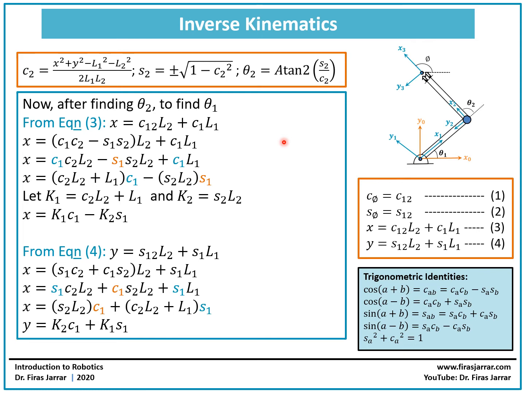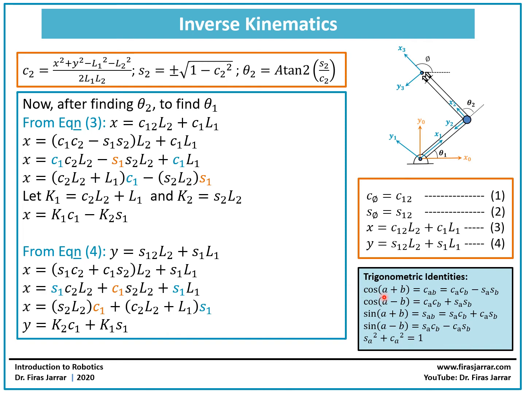Now, how about finding theta 1? For theta 1, we also need to look at the same equations. We'll still have equation 3 and equation 4. From equation 3, first of all, we want to expand the term cosine theta 1 plus theta 2. To do that, we come to our trigonometric identities.